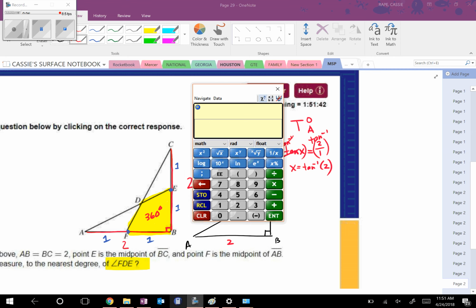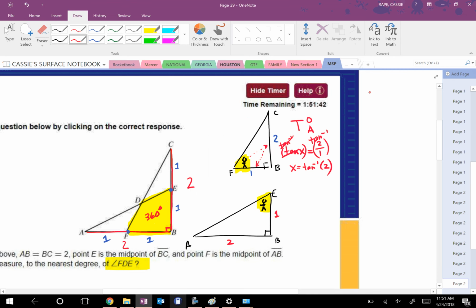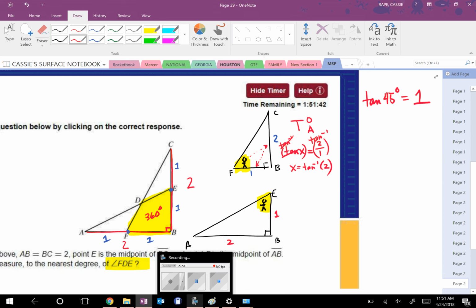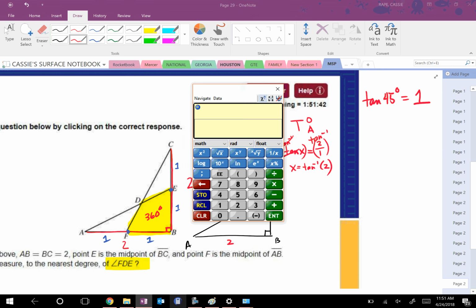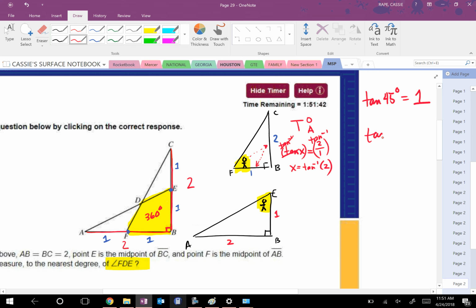The tangent of 45 degrees is equal to 1. Memorize that, because if you aren't 100% sure the calculator's in the correct mode, do the inverse tangent of 1. This calculator, because the buttons are so tiny, can't do an exponent that looks like a -1. They write inverse tangent like this, tan, and you put a 1 in there.